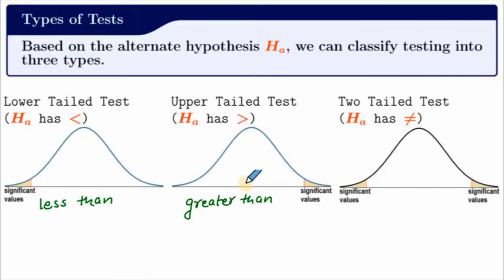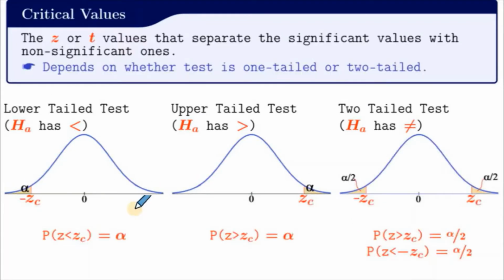Similarly, if the claim says something like different or not equal, then we have two-tailed test. Of course, you will see what I am talking about in the next videos in this series when I do application examples. Here we will talk about critical values.